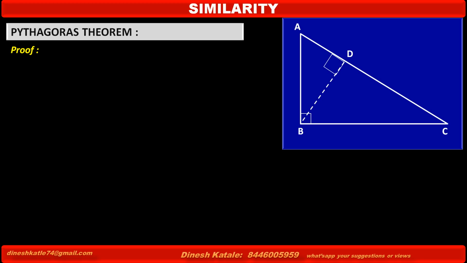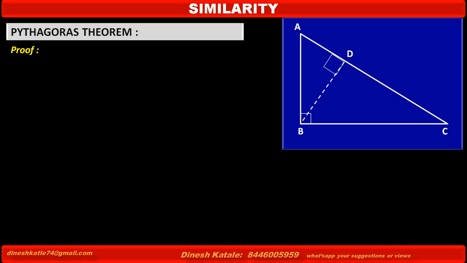In this case we have drawn one right angle triangle ABC as our given, and because of our construction we have drawn one perpendicular BD. Because of this perpendicular BD, the whole triangle ABC is divided into two parts, again two right angle triangles. One is ADB, which is on the left side, and the other is DBC, which is on the right hand side.